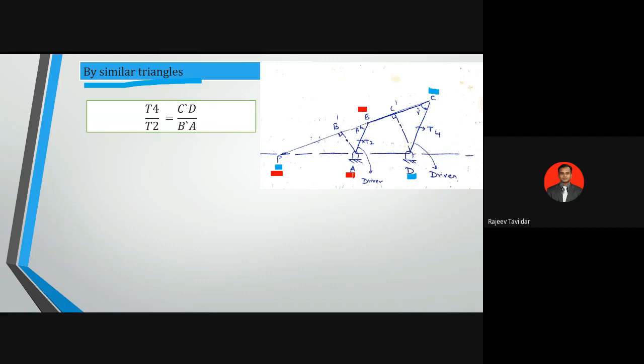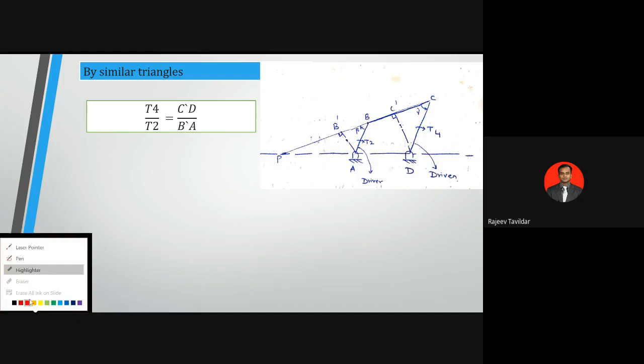See here, for the bigger triangle, the CD link is representing T4. Similarly, the AB link for the smaller triangle is representing T2. I'm going to take this ratio equal to the other length segments. I'm sorry, I will just reconsider these similar triangles. I'll draw it once again.